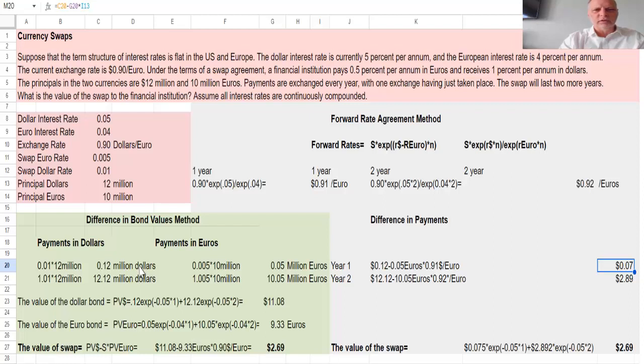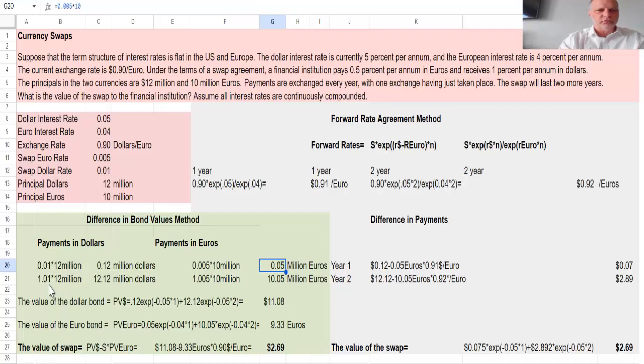And then the payment in euros 1 year from now is going to be 0.5% times 10 million. Write that out here, 0.005 times 10 gives us 0.05 million euros. So those are the payments 1 year from now.